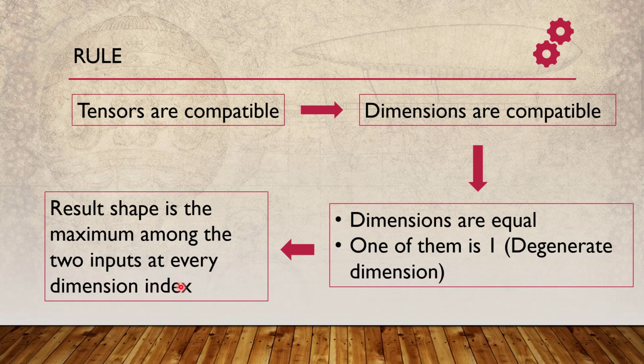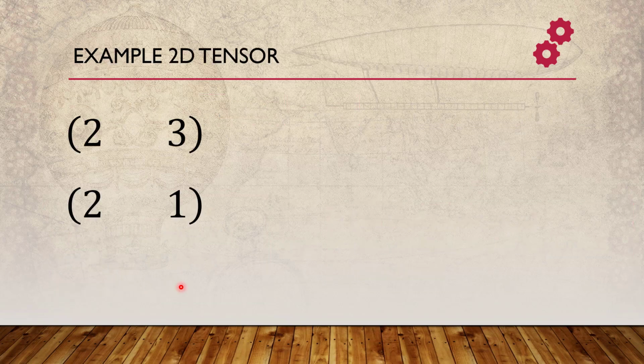That means for all those different dimensions, whatever number of elements we have, if the tensors are compatible, we need to take the maximum value of all those dimensions, and that will form the final shape of that particular resultant tensor. Okay, so let's see an example here.